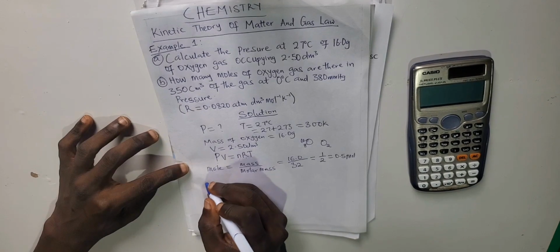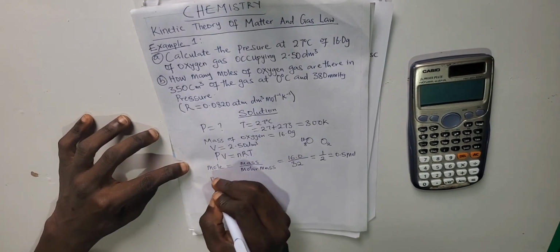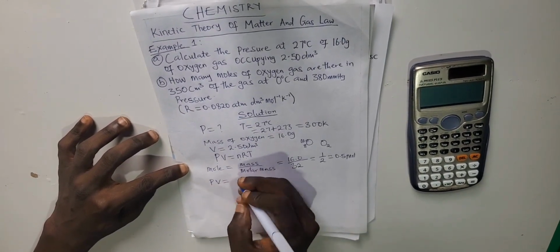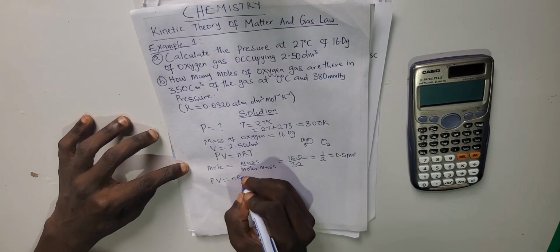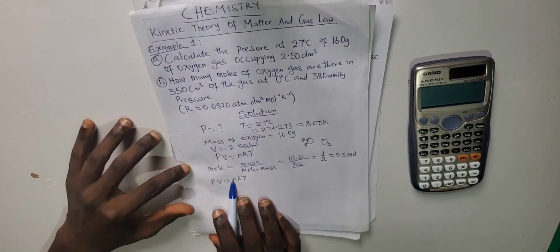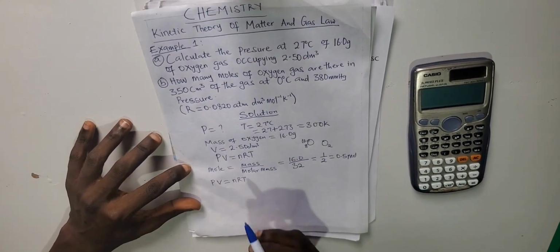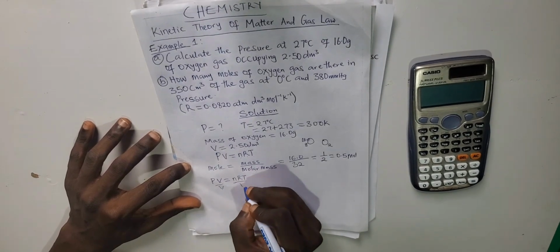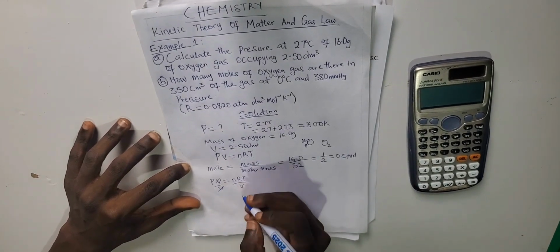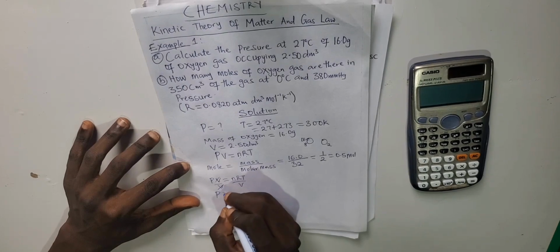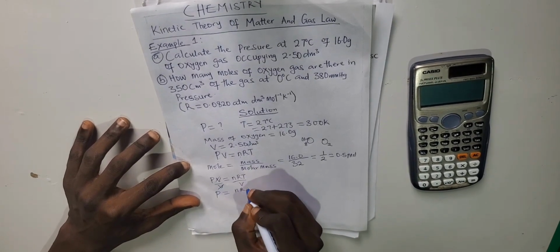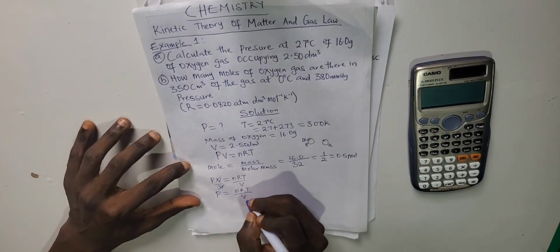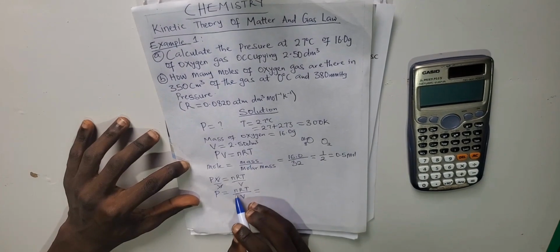So our pressure, let me write the equation here. PV equals nRT. From here, if I make pressure the subject of the formula, I will divide by V, divide by V. This will cancel this. So pressure equals nRT over V. What is our n?